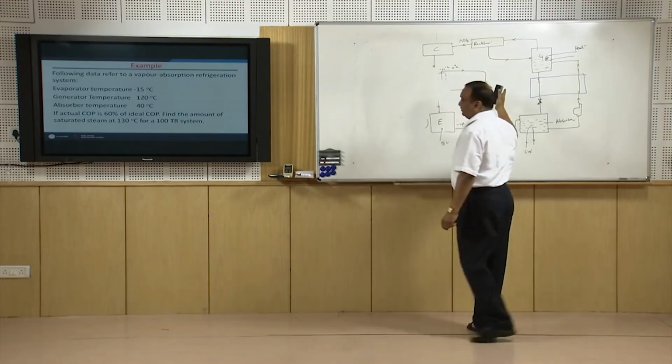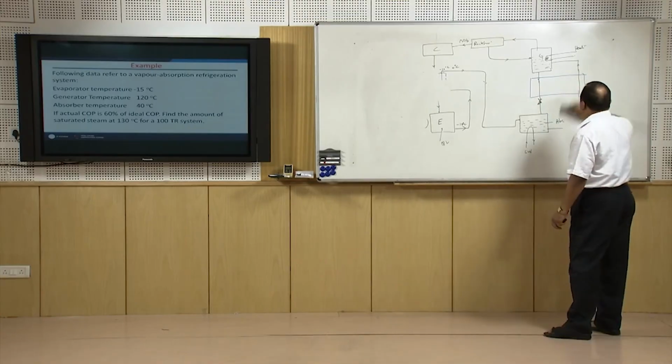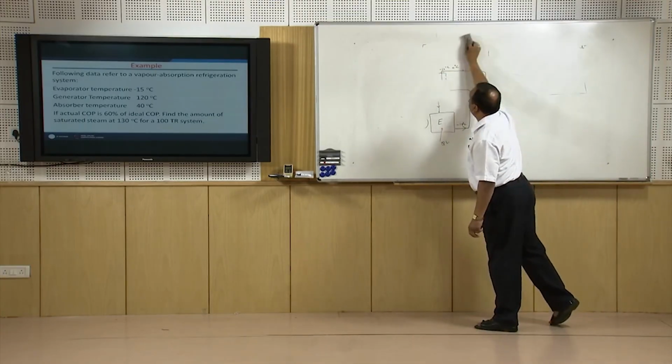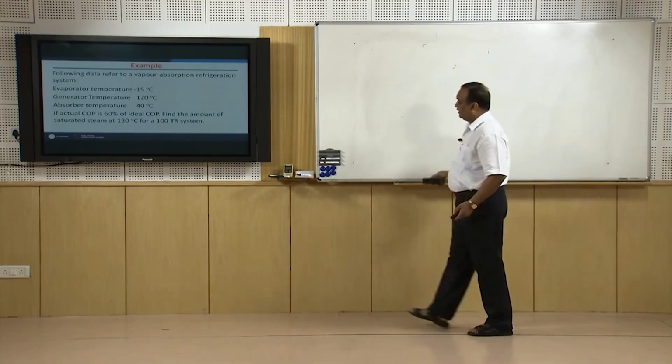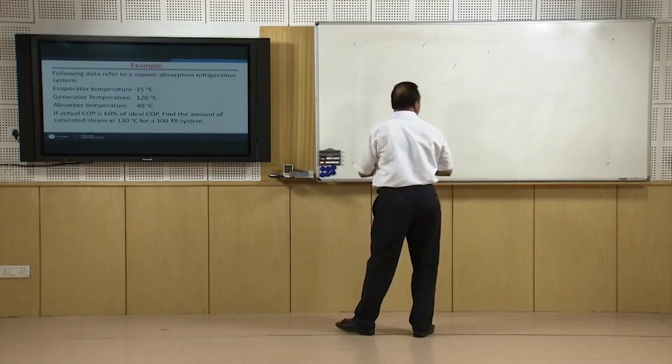In the water ammonia system, water is absorbent and ammonia is refrigerant. Now, in the lithium bromide type of system, the water is refrigerant and lithium bromide is absorbent.